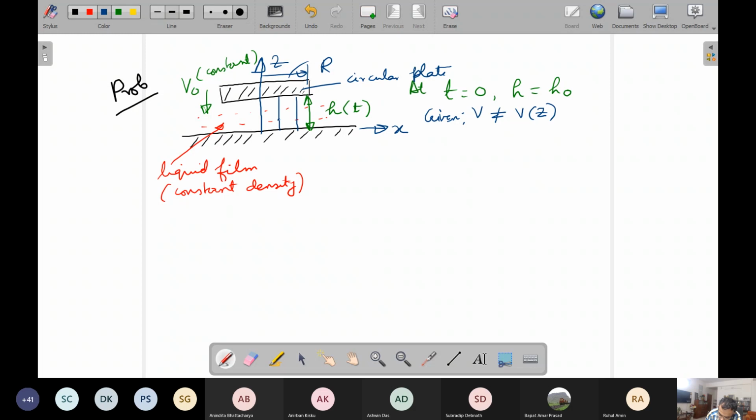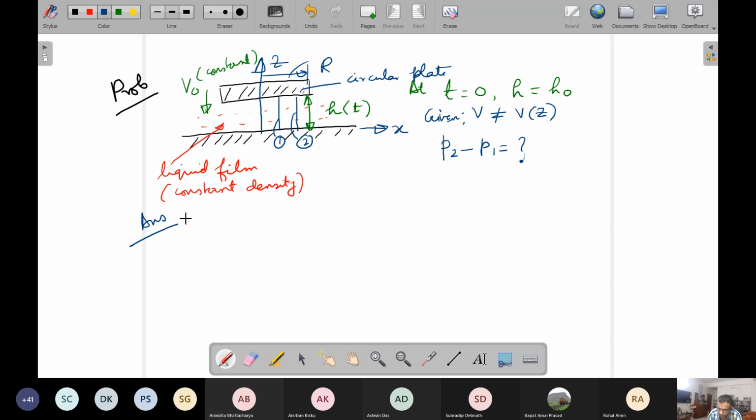This is 1 and this is 2. So find out the pressure difference between the sections 1 and 2. So this is the question. Okay, so let us try to answer this question.